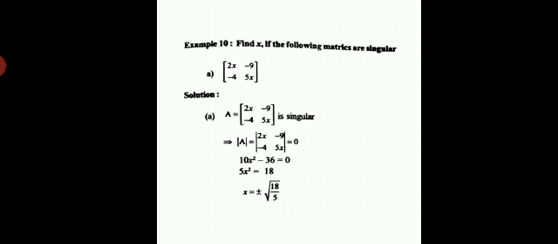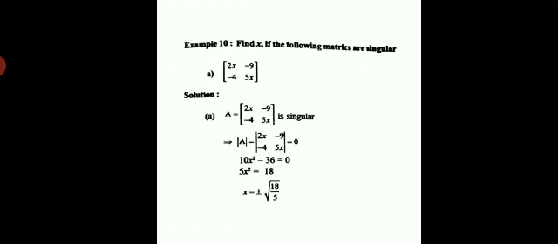By definition, if determinant of A is equal to 0, then the matrix is singular. So 2x minus 9 minus 4 5x is equal to 0. In the question they have already given that matrix A is singular, so it has to be equated with 0.